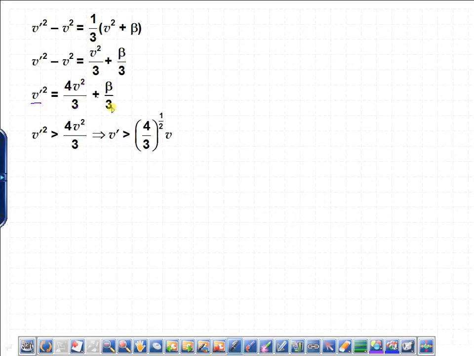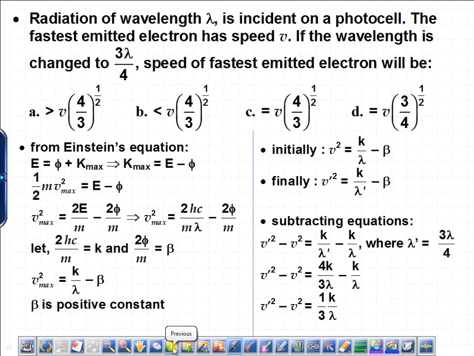As we know that beta is a positive constant, this entire term is going to remain positive. We can write v dash square must be greater than 4v square by 3, or v dash should be greater than square root of 4 by 3 into v. So again we come to the same option, that is option A.